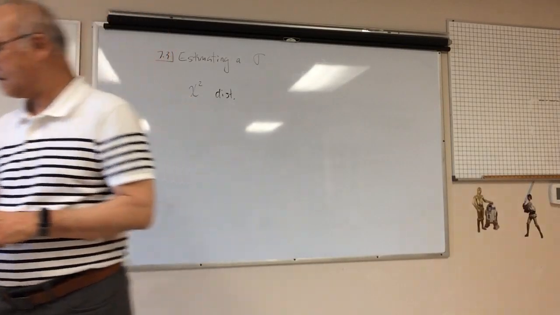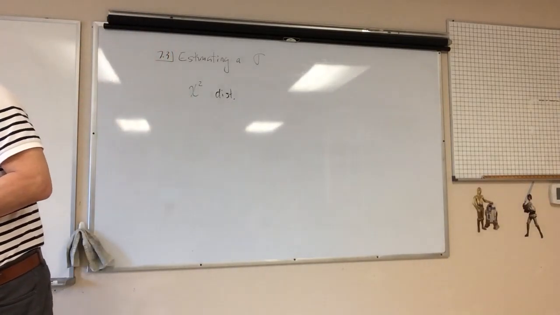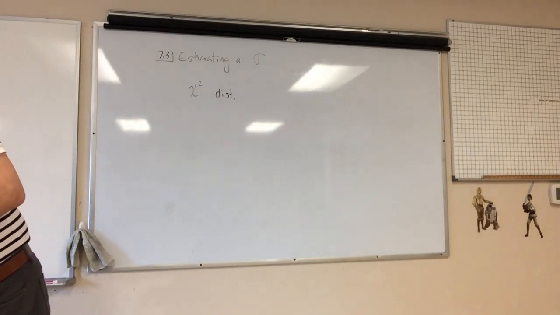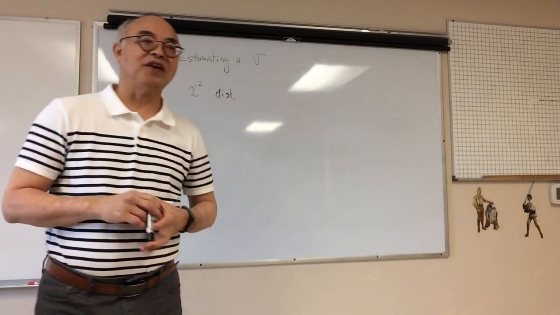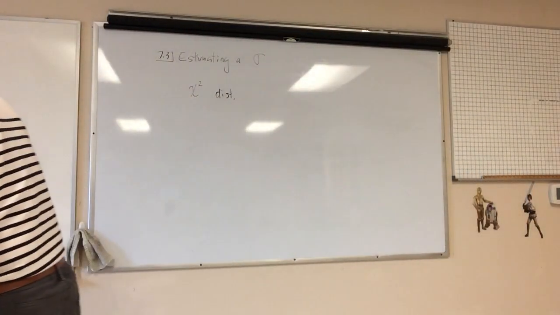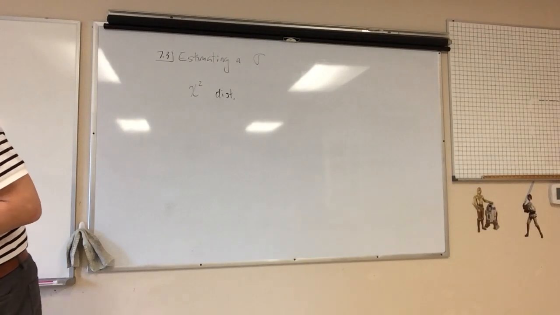Okay? All right. So that's how the chi-square distribution works. If you go on top of page 333, there is a formula to find the chi-square distribution. Disregard that, you do not need to know that. Don't worry about that one.